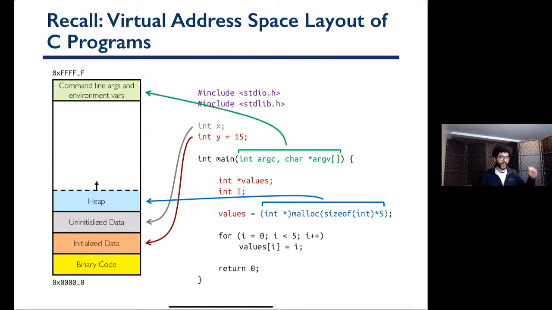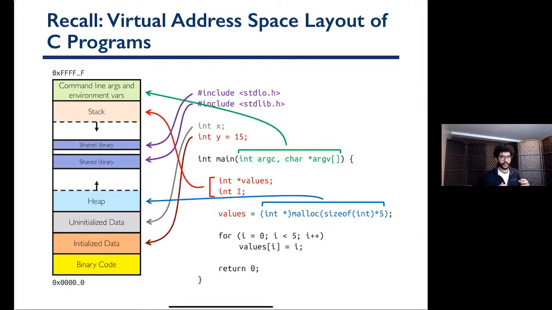And on top, we had the environment variables, and then the stack, which is used for the variables in functions. Now, if you remember from the past, I mentioned that the shared libraries such as stdio, stdlib, iostream, or any other library that you want are going to be mapped between the stack and heap, because this is a virtual space that is free initially.